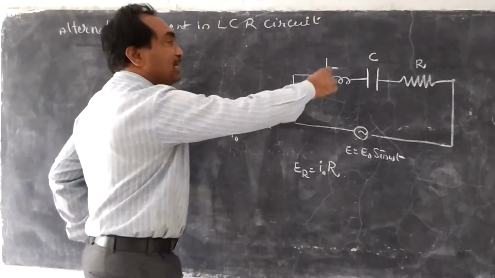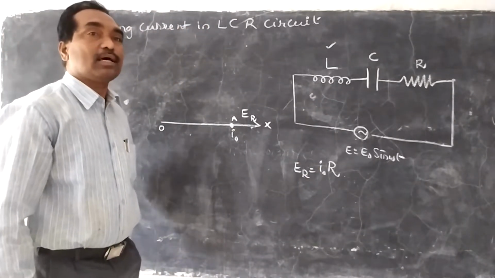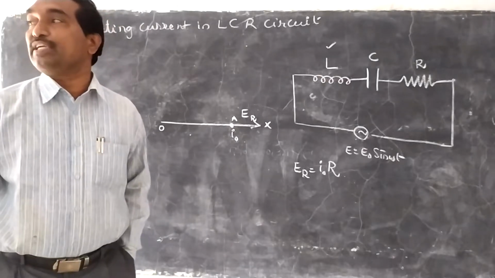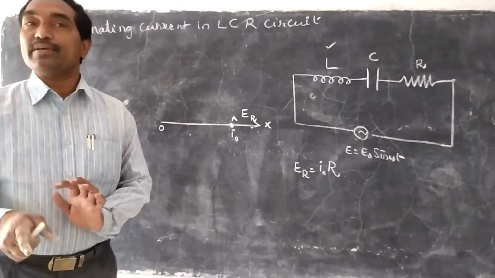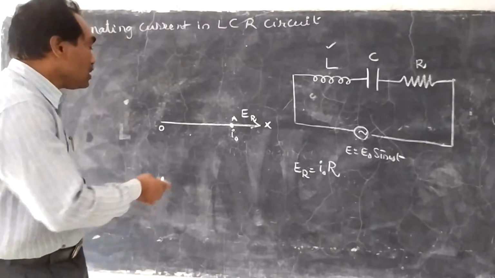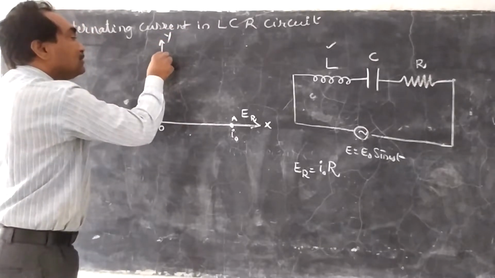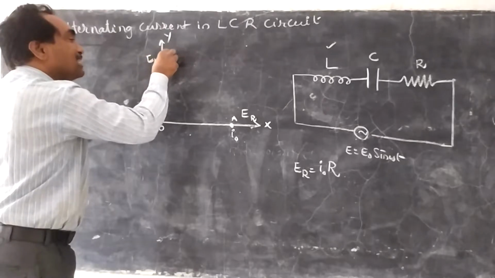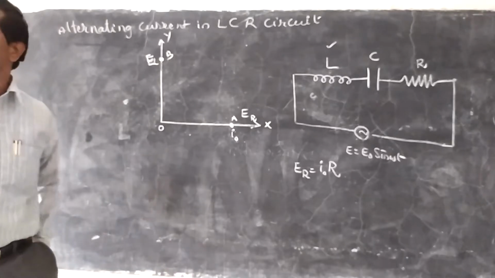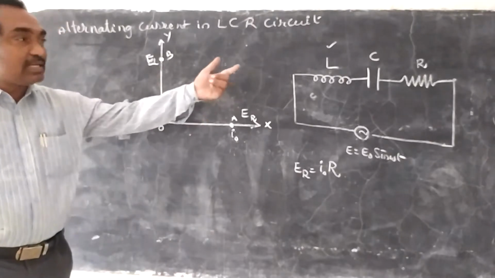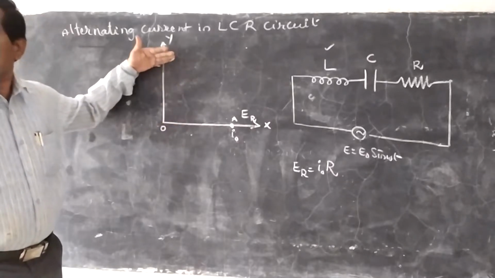Now in the case of inductance L, the alternating EMF or voltage across the inductance is pi/2 radian in front of the current. So EL is along the positive y-axis, which may be taken as B. OB represents EL, the voltage across the inductance, because this is 90 degrees or pi/2 radian in front of the current.